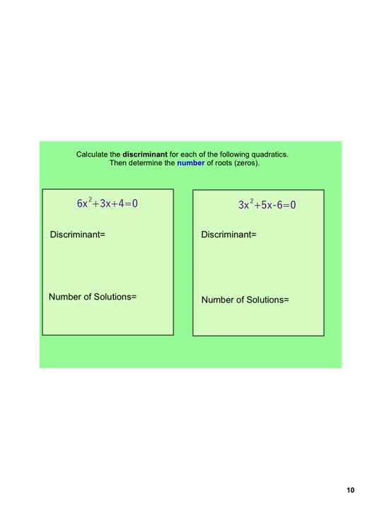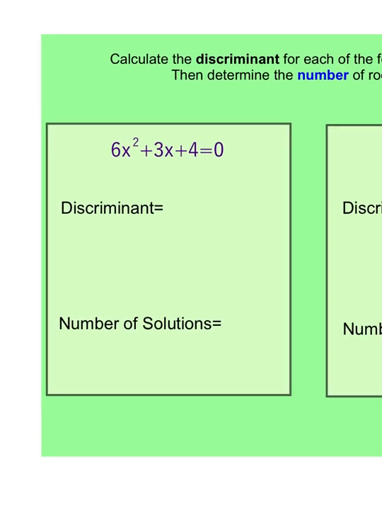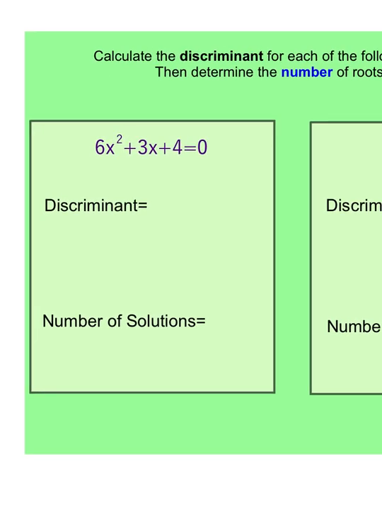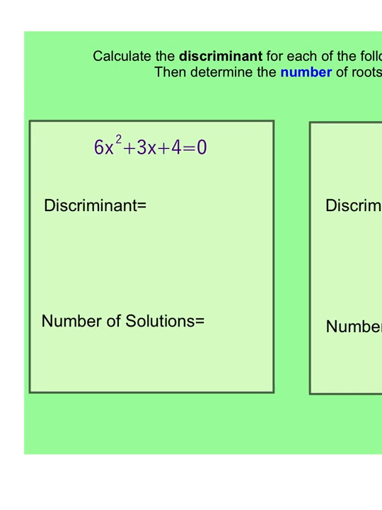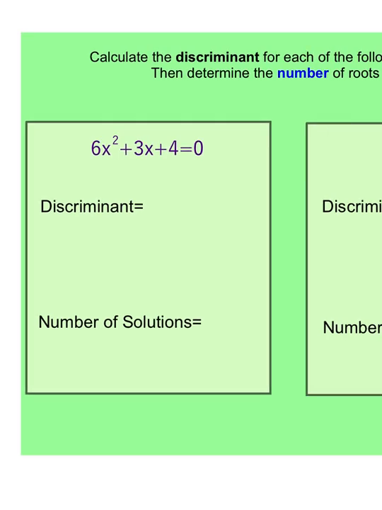So looking at a couple of examples, when we look at these equations as they're given, we'll zoom in on this here first. We're going to calculate the discriminant and determine the number of solutions. Right here, we have A equals 6, B equals 3, and C equals 4. Again, the discriminant formula is B squared minus 4AC.